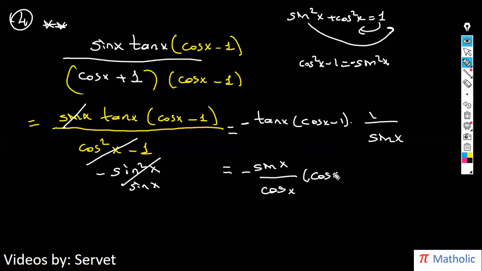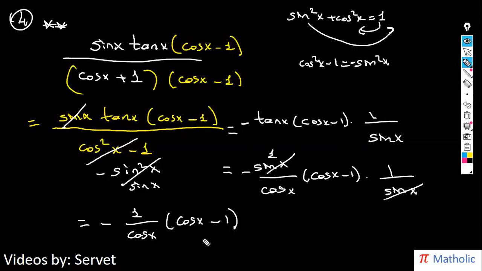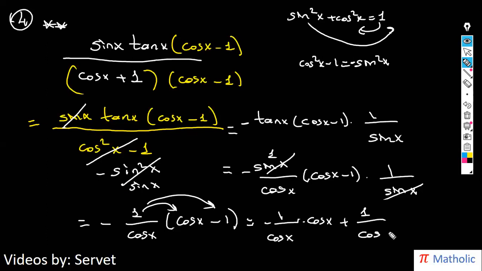Here you have cosine minus 1, and here you have 1 over sine x. So I can simplify sine and sine. So what's left here is negative 1 over cosine x times cosine x minus 1. Of course, we are going to distribute, which makes negative 1 over cosine x times cosine x and plus 1 over cosine x.